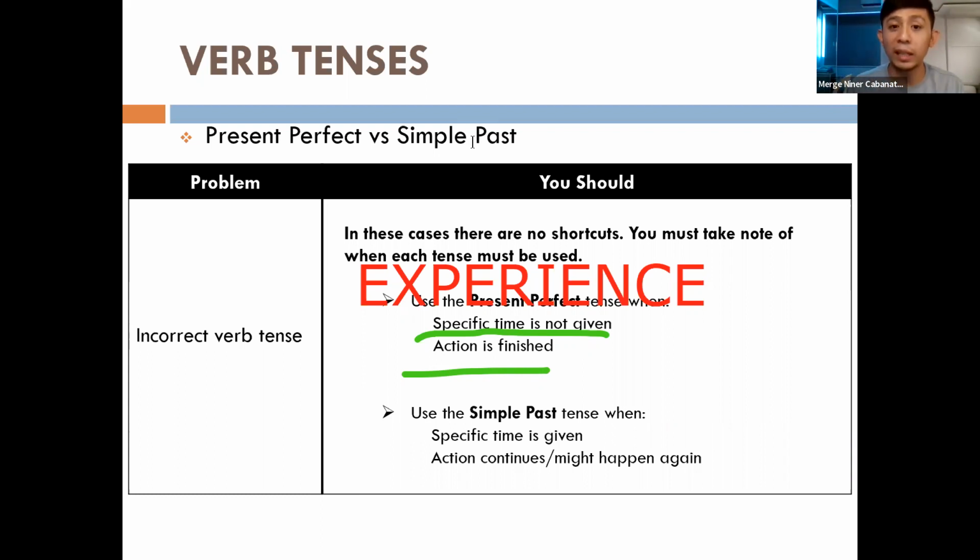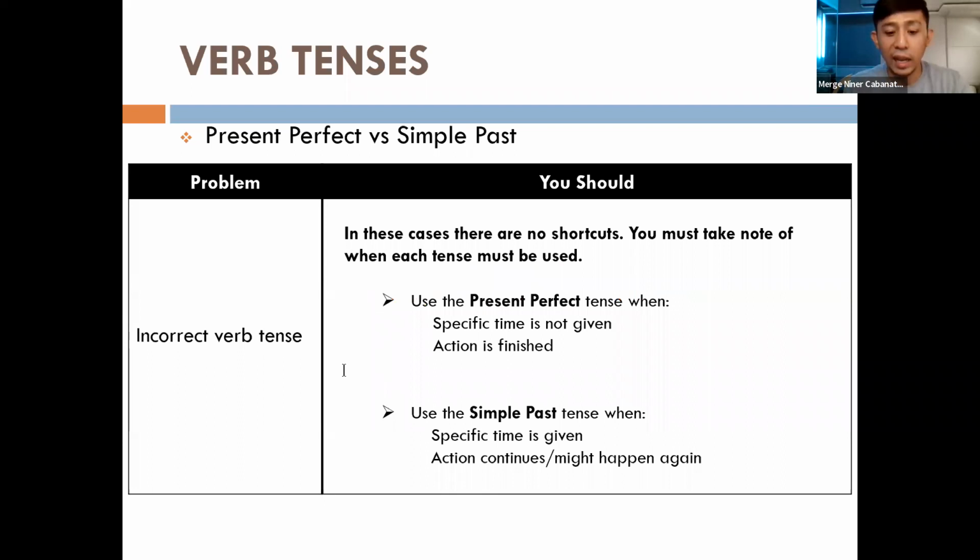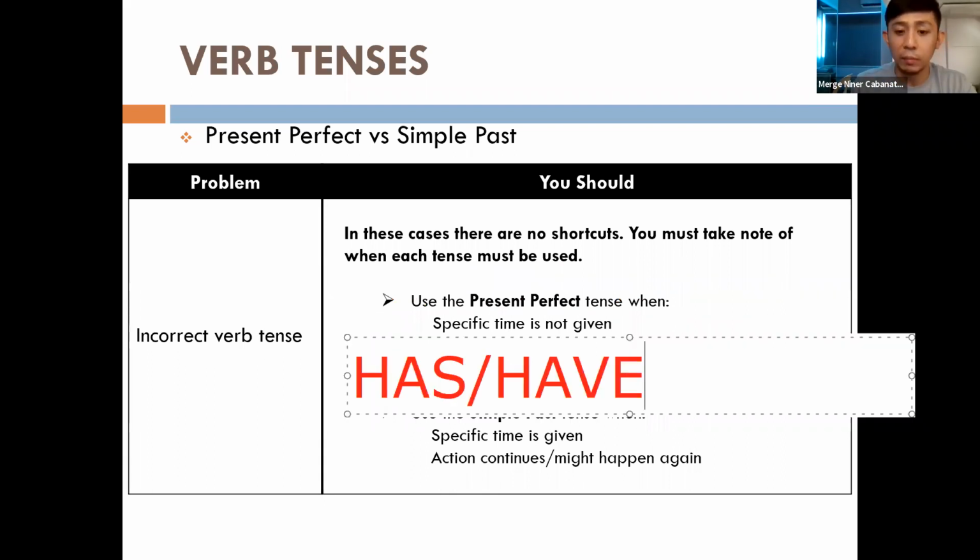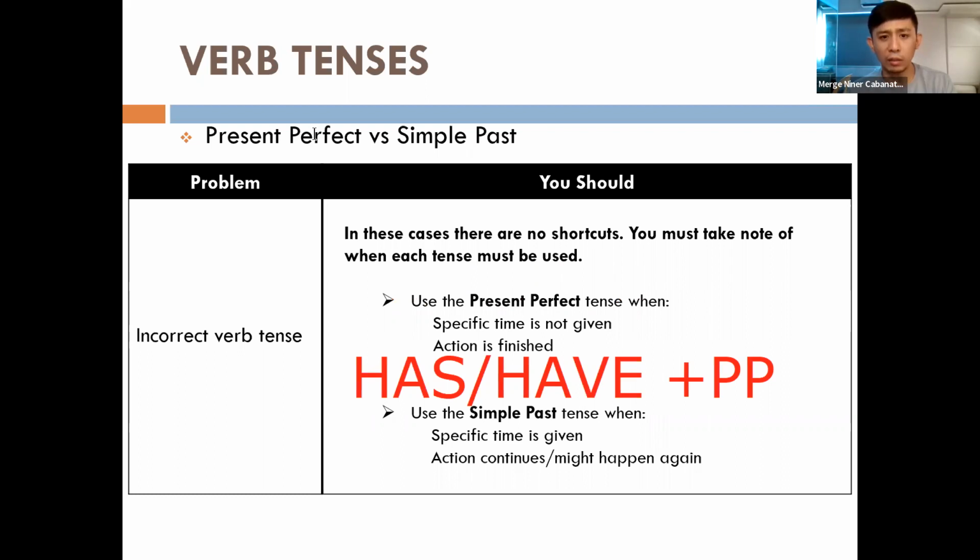Alright, so paano po ba natin binubuo ang sentence structure ng isang present perfect? It's so simple. Alright, so you'll be using the has or have plus past participle. So pag sabi natin has or have plus past participle, eto siya. Okay, kulayan ko lang ito ng white para makapagsulat ako ng mas maayos.